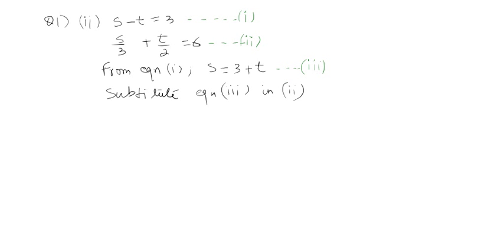So in place of s, I can write (3 plus t) upon 3, and t as it is, t upon 2 is equal to 6. So now after replacing this s with 3 plus t, we get this one, and you can see there is only one variable t, so that we can find very easily because we have learned how to solve equations in one variable. Now we have some denominators, so we will take LCM now.